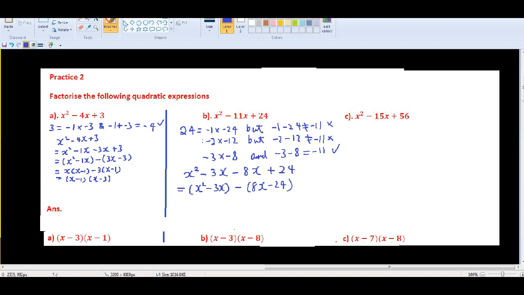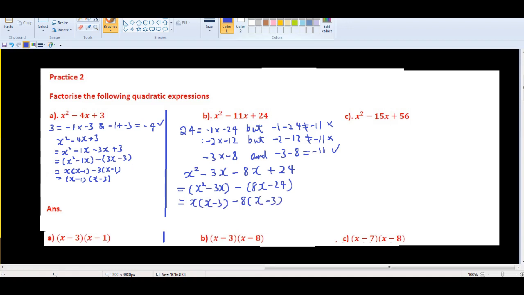So then you separate that minus 11x into minus 3x minus 8x. You group them into two groups. For the first pair, you just take that x out. For the next pair, take that 8 out.